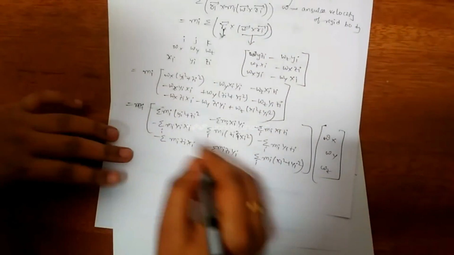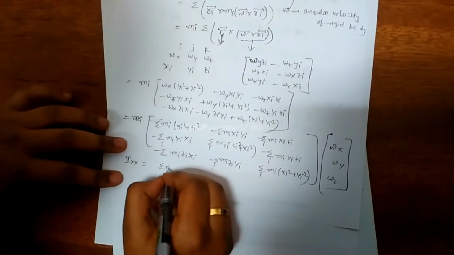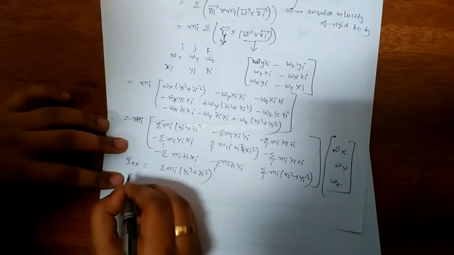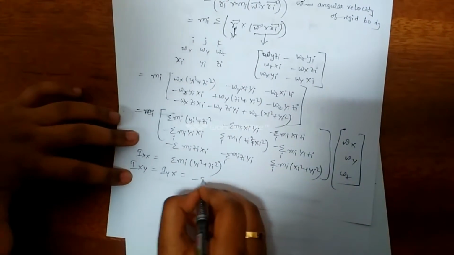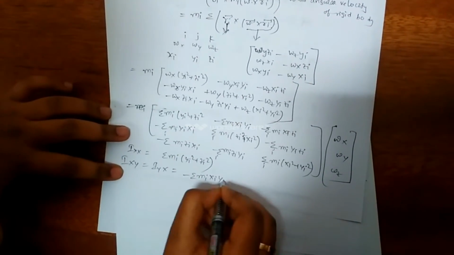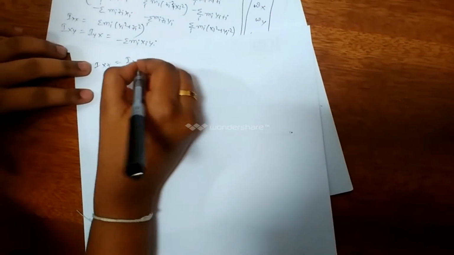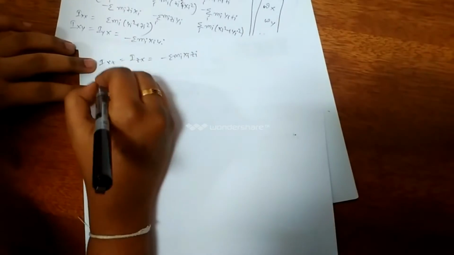From this, suppose Ixx is equal to sigma mi into (yi square plus zi square), and Ixy is equal to Iyx is equal to minus sigma mi xi yi. In the same way, Ixz is equal to Izx is equal to minus sigma mi xi zi.